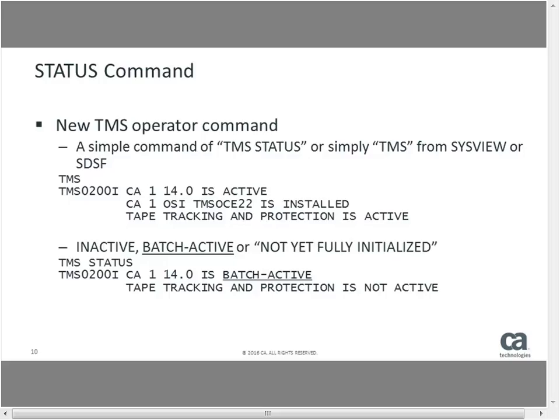The not yet fully initialized will occur if you do this command after CHI-RIM has run, but before TMS init has been run. It also gives you the fact that the tape tracking and protection is active, or in the case of inactive, batch active, or not yet fully initialized, you'll get back a message saying tape tracking and protection is not active.